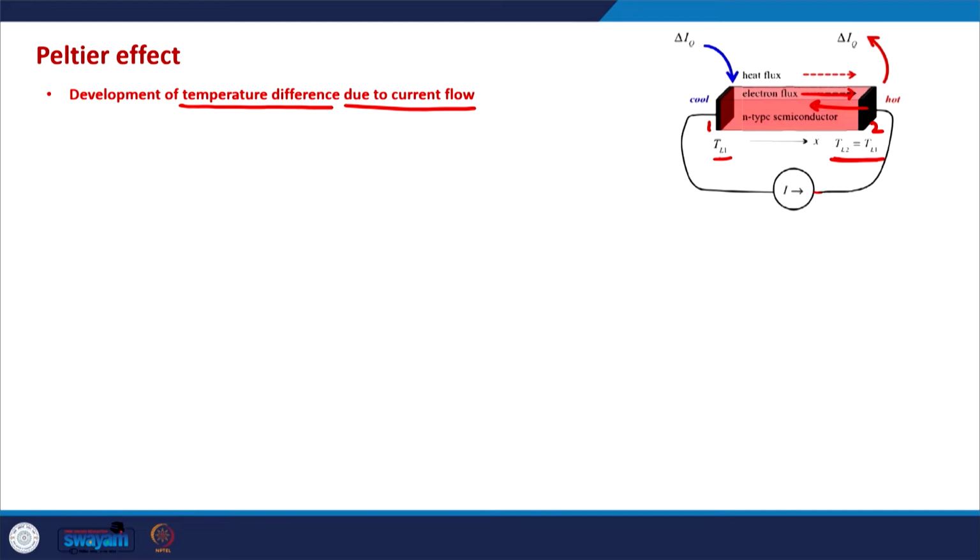In that case, a temperature difference will appear in this semiconductor, and this is known as the Peltier effect, development of temperature difference due to current flow. And please also keep in mind that this is different from Joule heating, the I square R heating, and this will become clear as well.